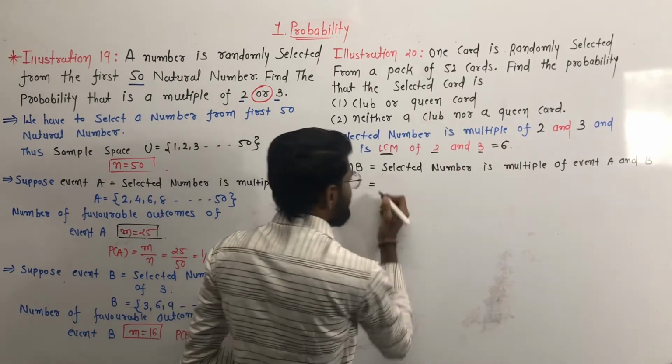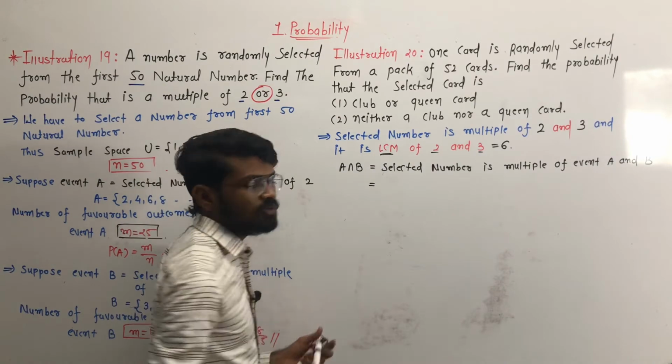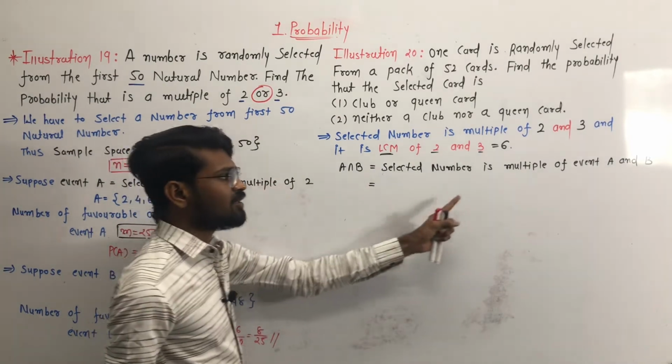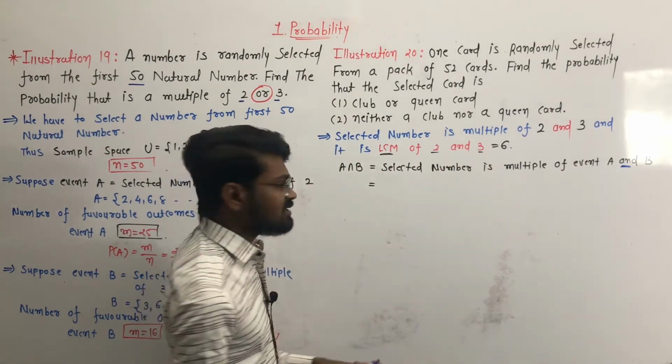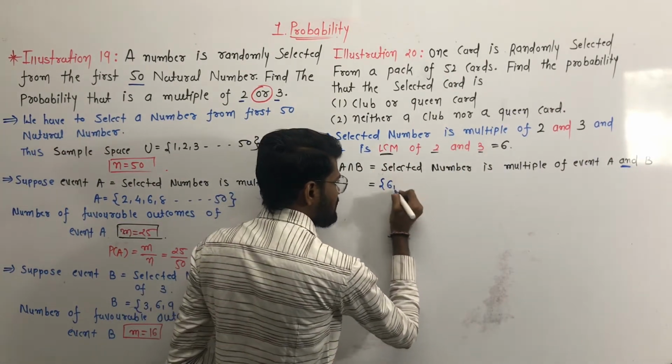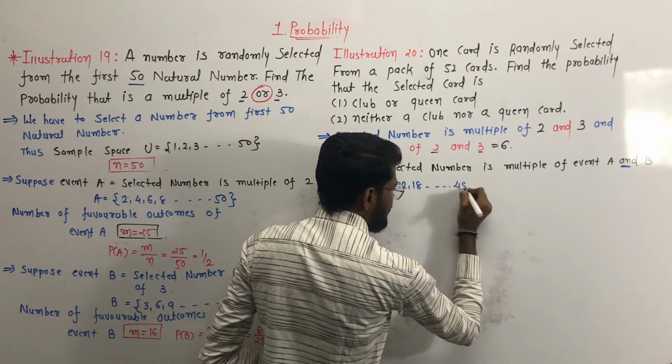Okay. So it will be multiple of 6. Yes, LCM of 2 and 3 is equal to 6. So the selected number is multiple of event A and B is the multiple of 6, and the multiple of 6 means 6, 12, and so on, and here the last one is 48.